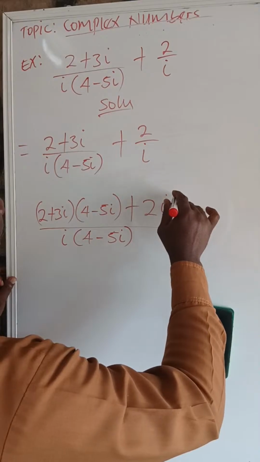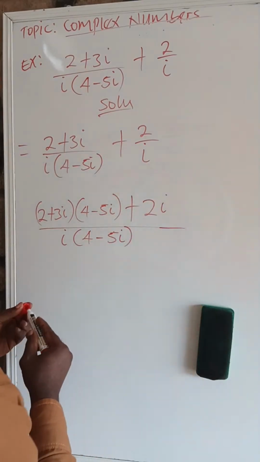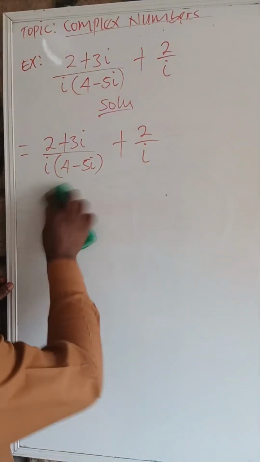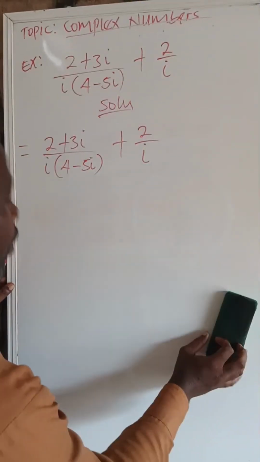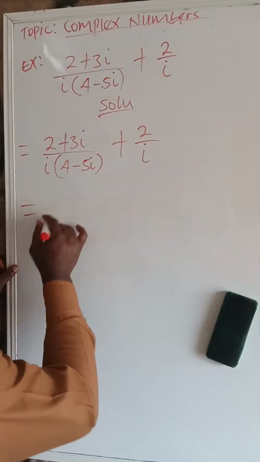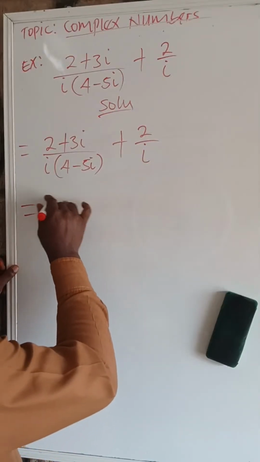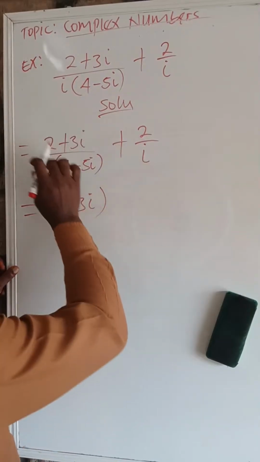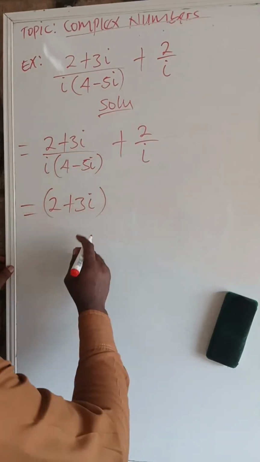Okay, let's look at it this way. Here will be 2 plus 3i. Use this to multiply, then you multiply both of them.